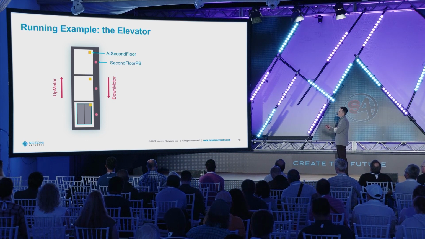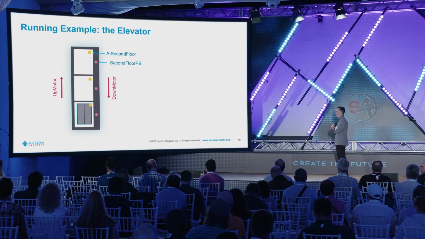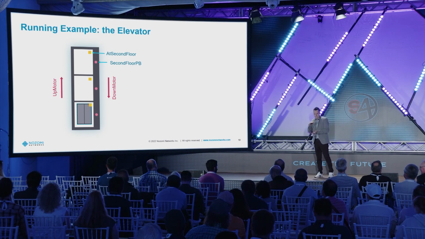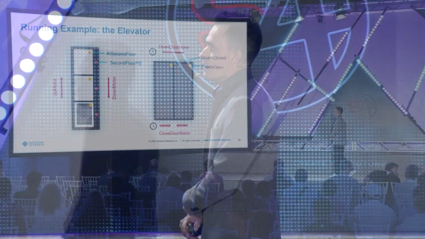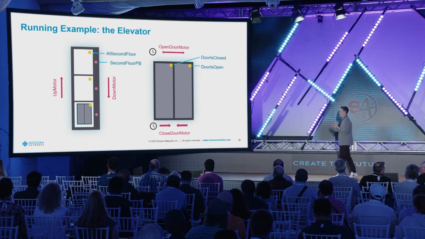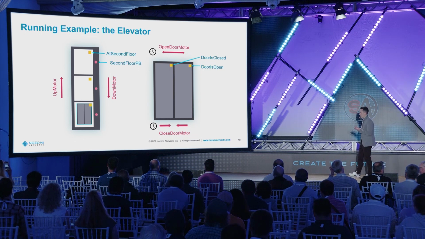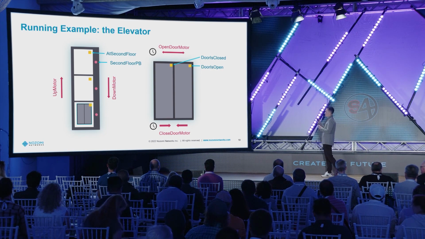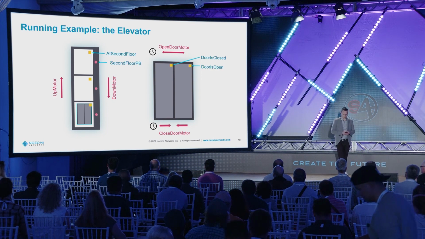The pink buttons can be used to call the elevator at a particular level. And the yellow boxes are sensors. The sensor detects whether the elevator is at a particular floor. We also have some logic to control the cabin doors. So there is a motor to open and close the doors, and again 2 sensors that are able to tell if the door is open or closed.